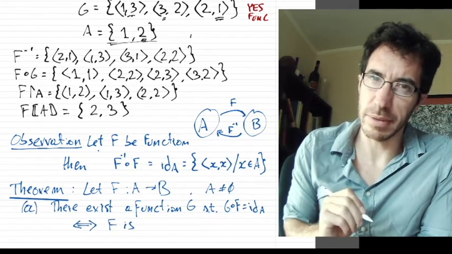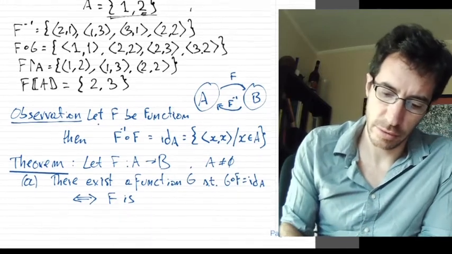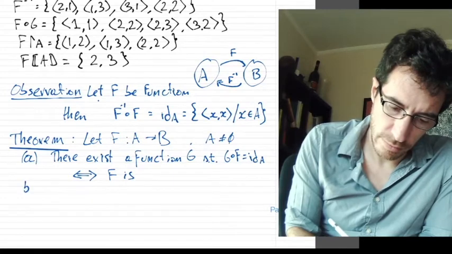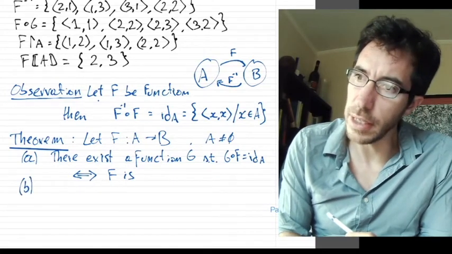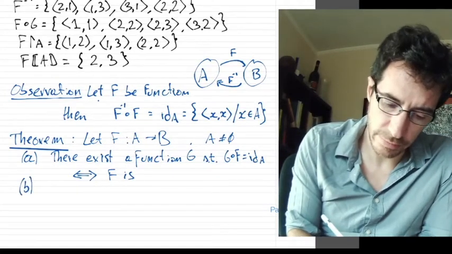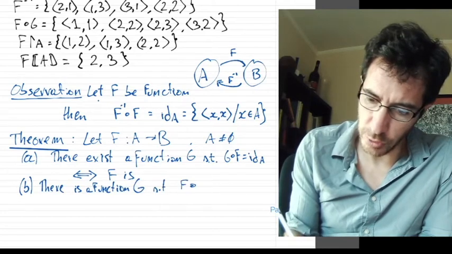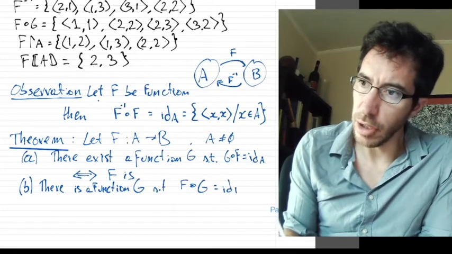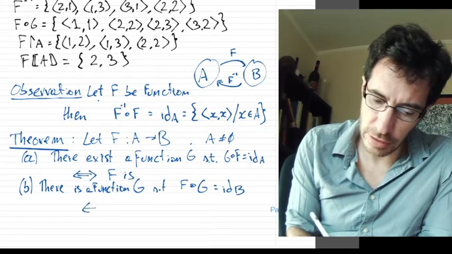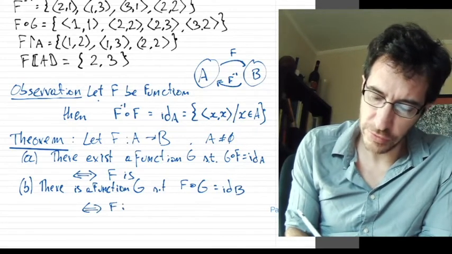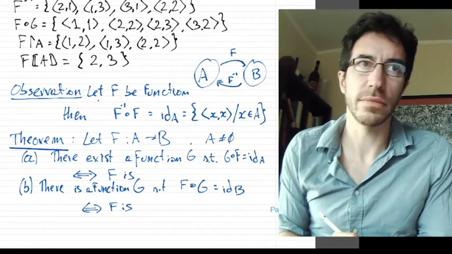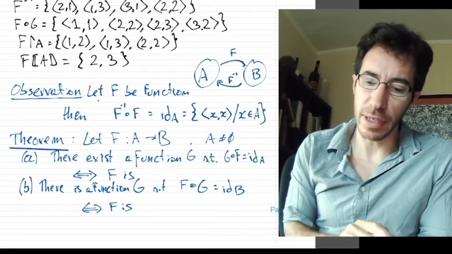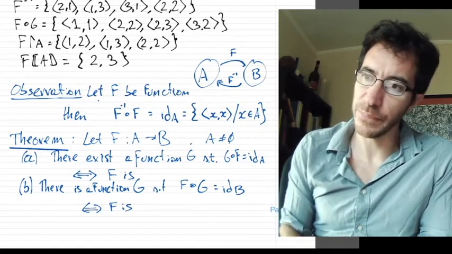Let's finish the theorem and then see if we can figure it out. And number two, there is a right inverse such that F composed with G on the right is the identity on B if and only if F is what? Okay, let's start proving with one direction and then we see what we need.